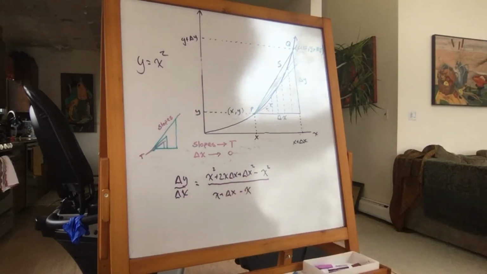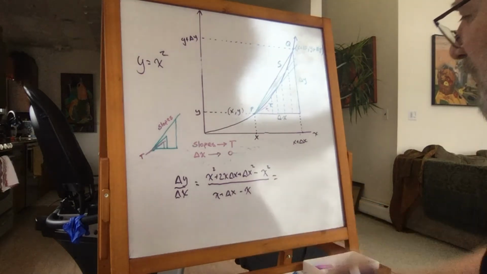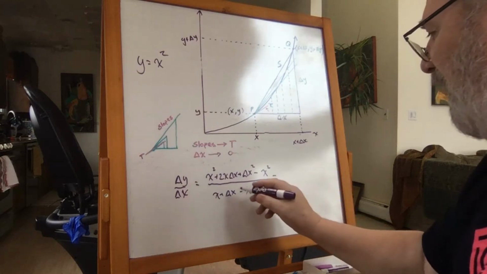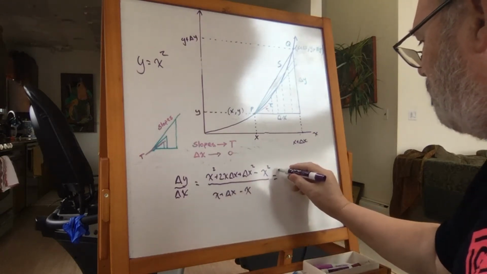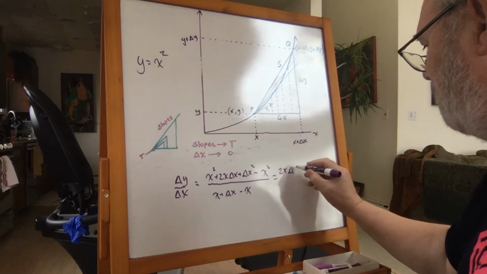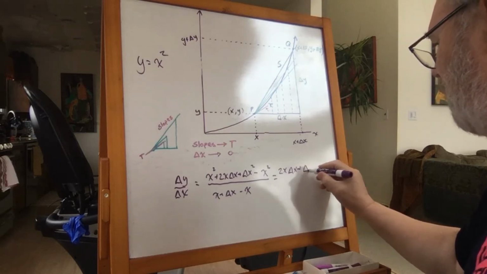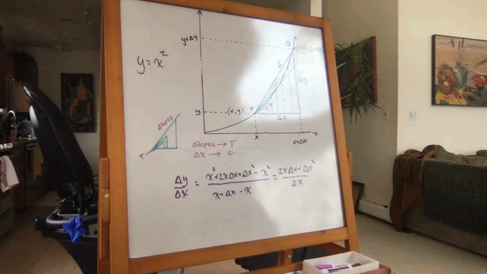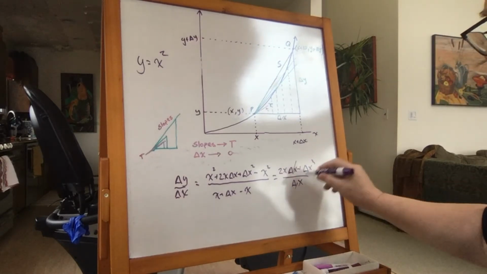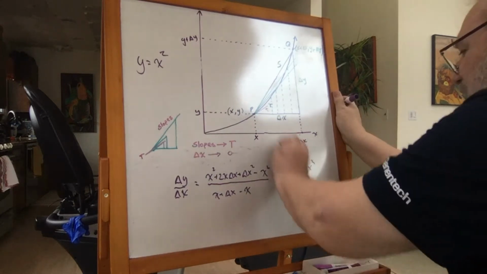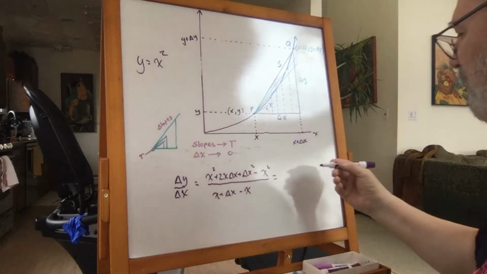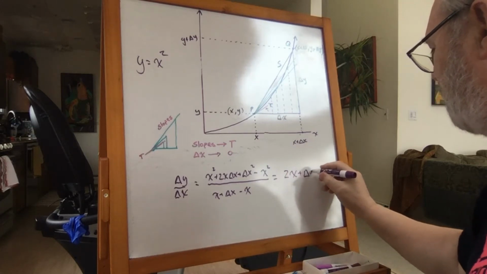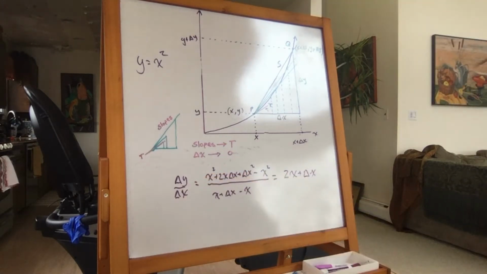So those x's cancel, and these x's cancel, and we're left with 2x delta x plus delta x squared over delta x. But then we see that these can cancel out, so we're left with 2x plus delta x. And that's what that is.